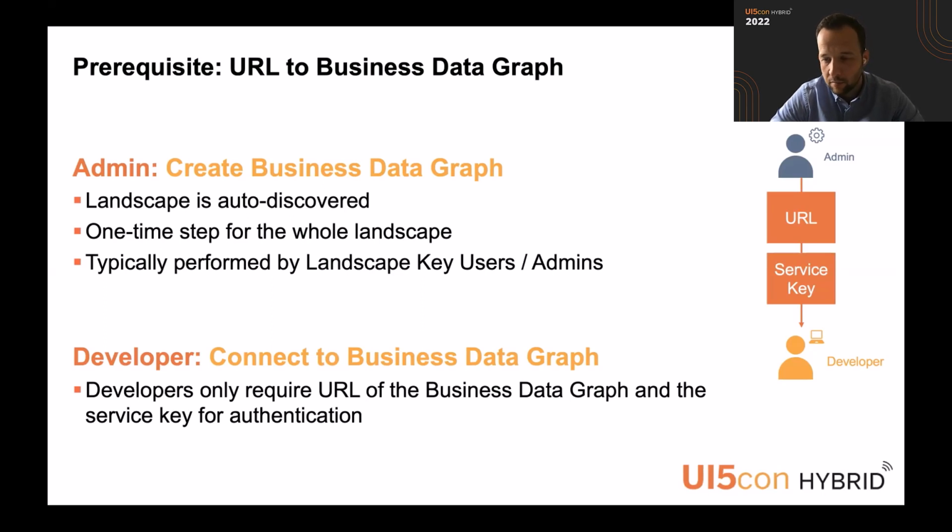The admin or key user would then just send the URL to the business data graph and the service key in that landscape to the developer, and you're good to go. So this is what's needed behind that. But today we will be focusing on the developer and how developers can use Graph.